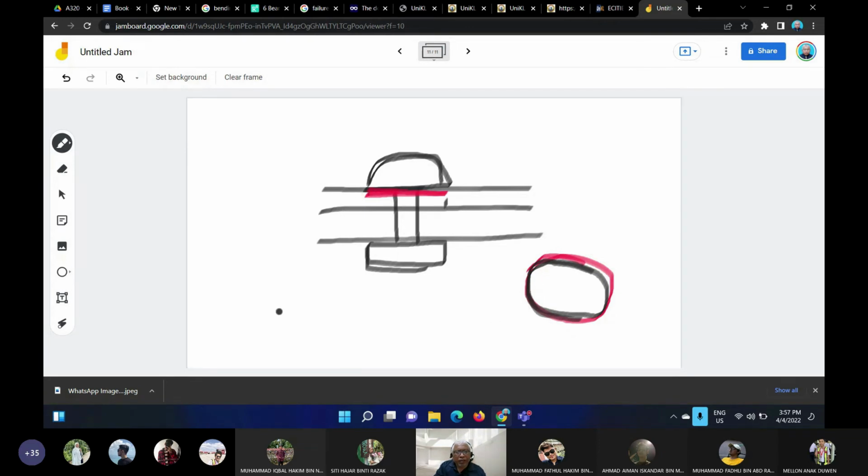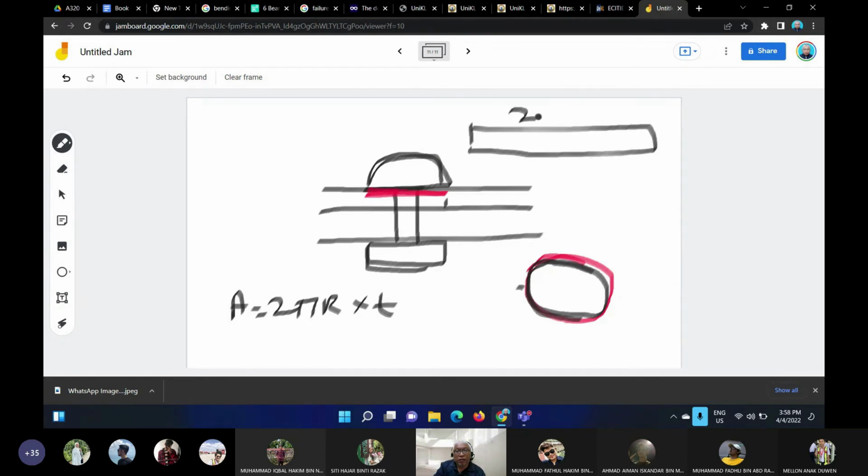So the area will be 2 pi r, that is the perimeter, the circular here, 2 pi r times the thickness. If you explode the area, you have like here 2 pi r times thickness.